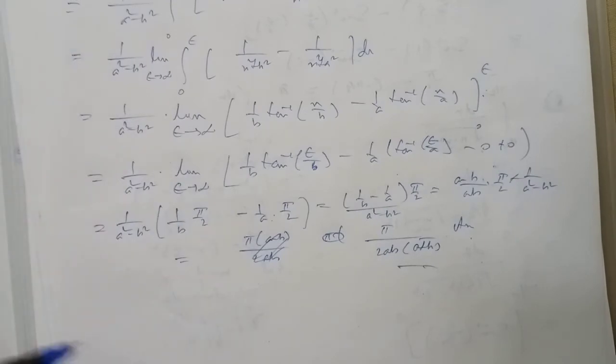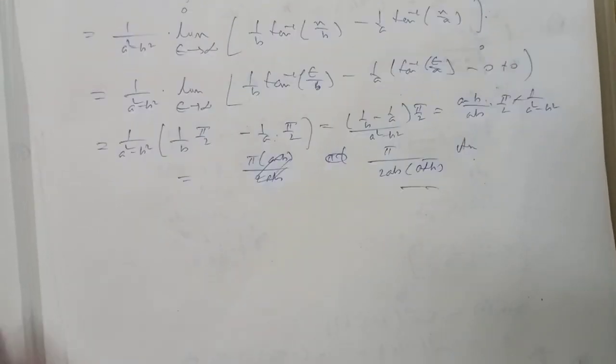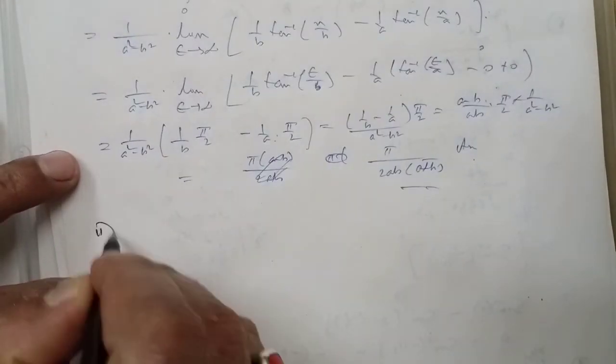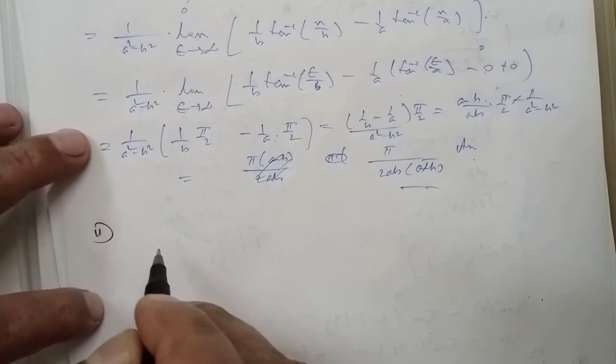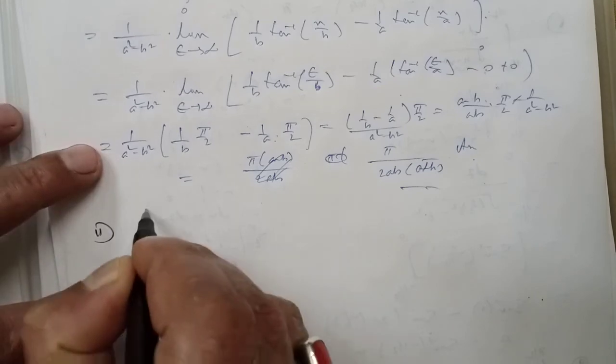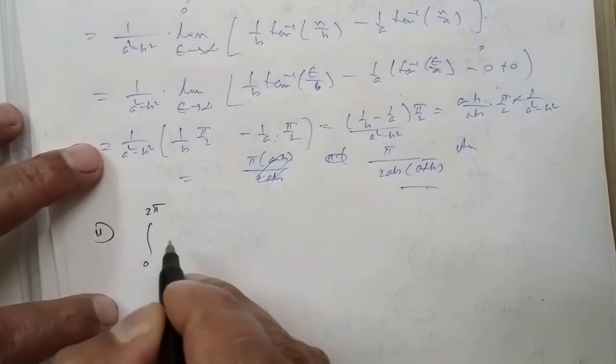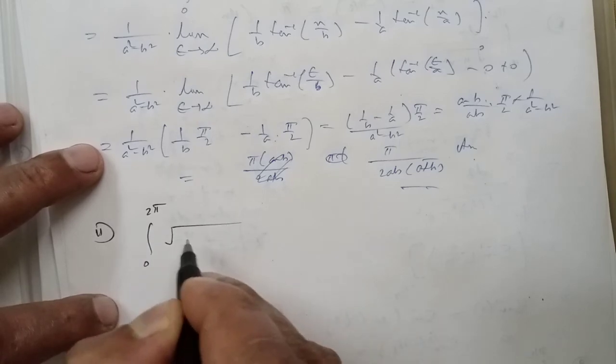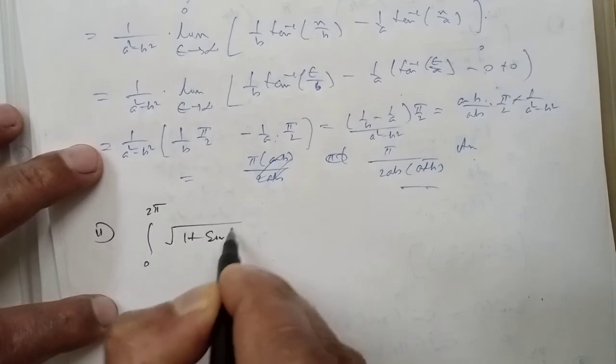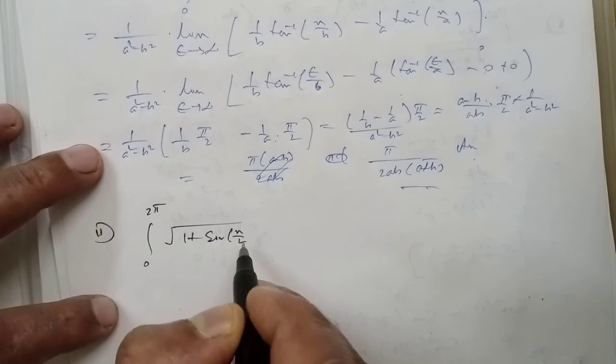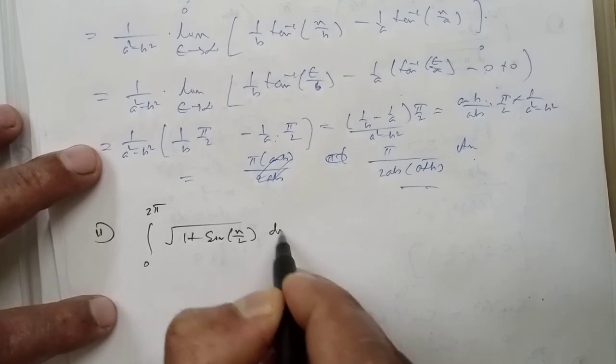Next, number 11. This is 0 to 2 pi root over of 1 plus sine of x by 2 dx.